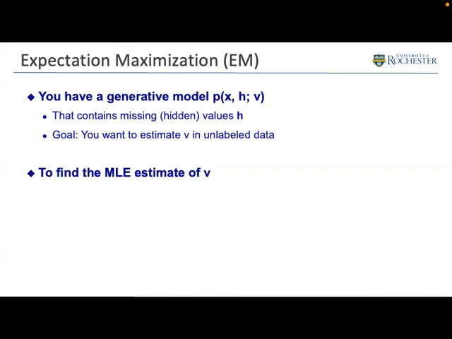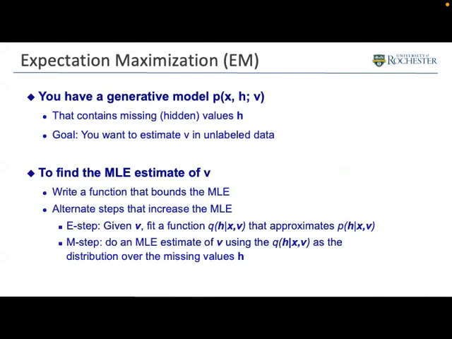it contains the hidden variable, the H. In this case, the hidden variables are the Z and the theta, and our goal is to estimate the V in the unlabeled data. So we need to write a function that bounds the maximum likelihood estimation. And we also have alternating steps that will increase this maximum likelihood.